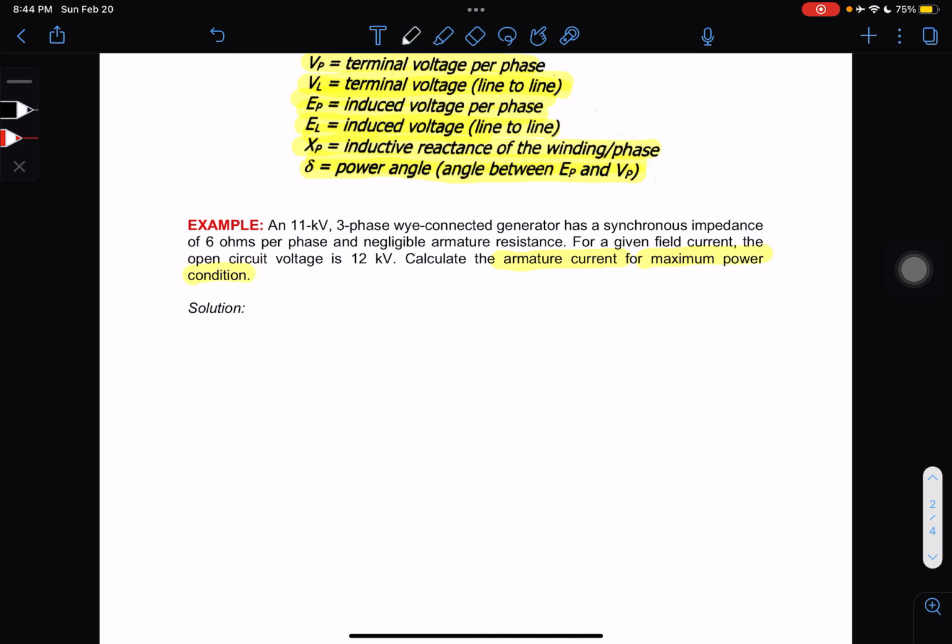So, first, we need to write our given for this problem so it is easier to analyze.